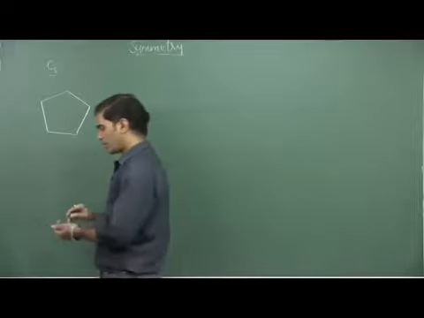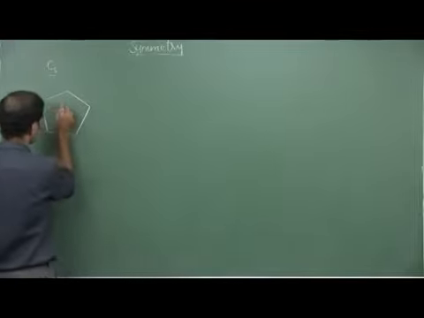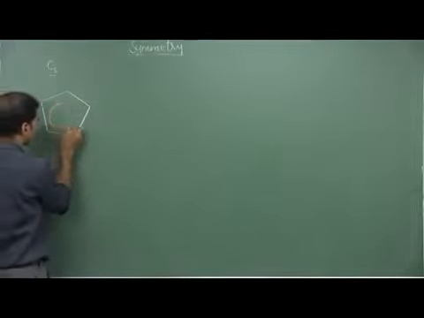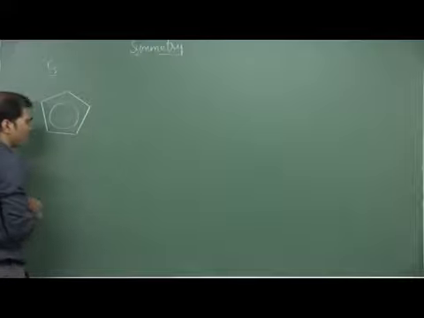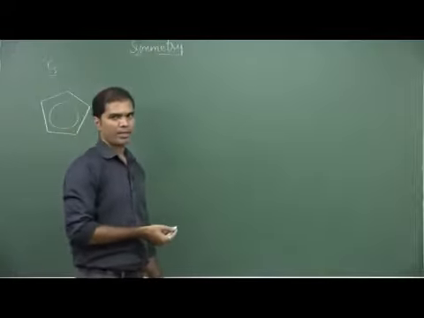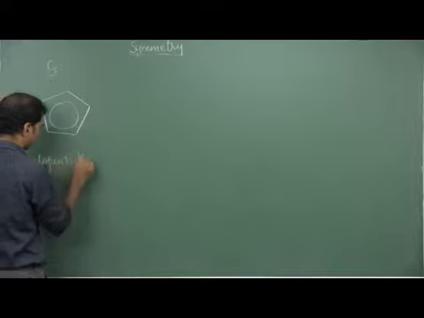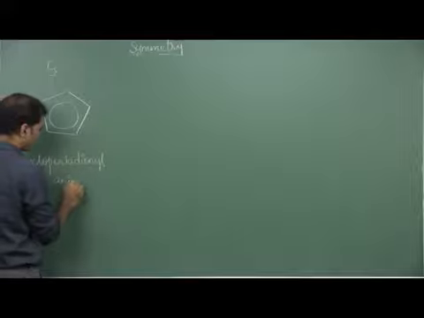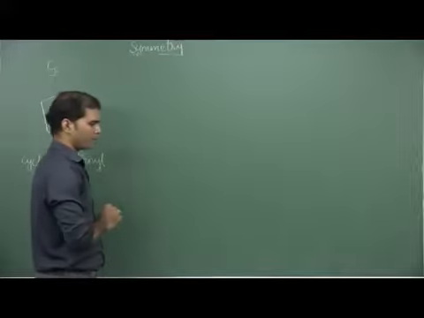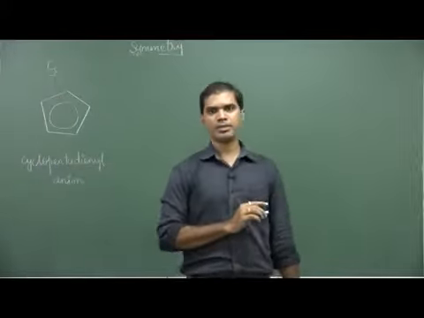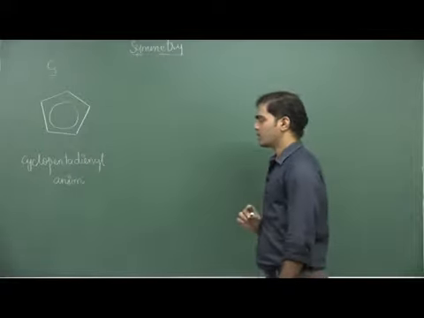So instead of choosing cyclopentane, let us choose the cyclopentadienyl anion, Cp. Since it is aromatic, it has to be a planar structure, and the structure also looks very symmetric.